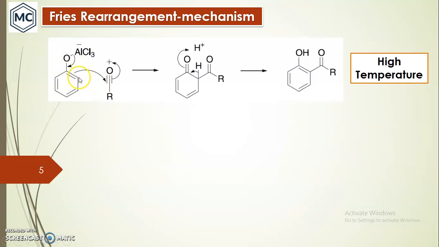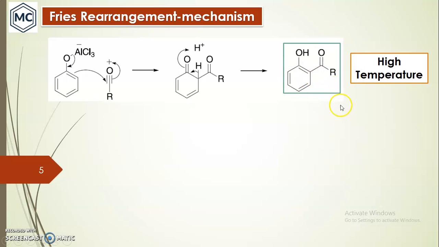So this ortho carbon attacks this electrophilic carbon, the triple bond breaks, and it forms a structure like this. Then it immediately aromatizes to give the product, that is ortho-acylated phenol.